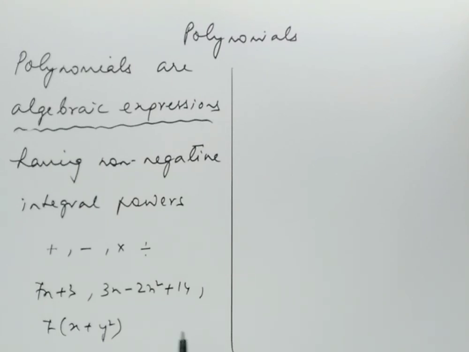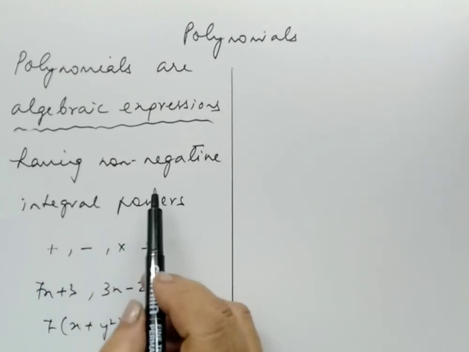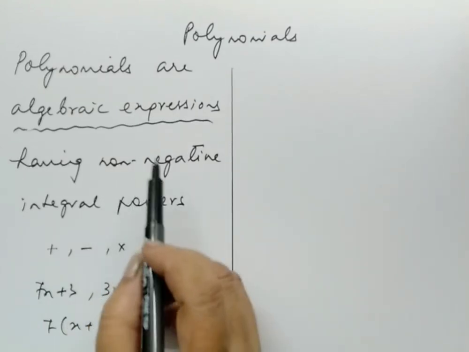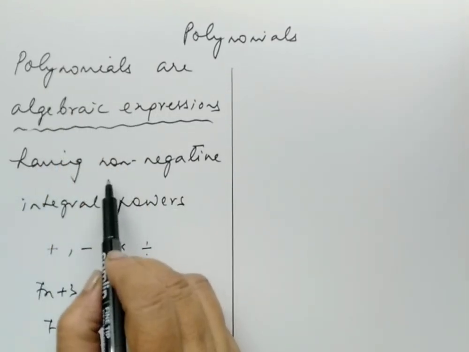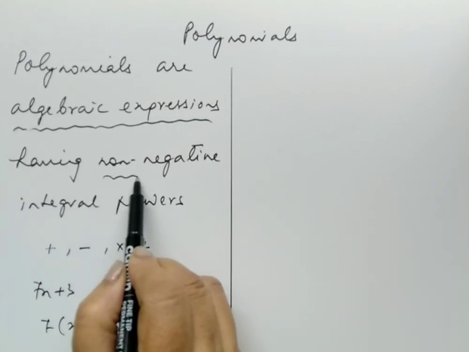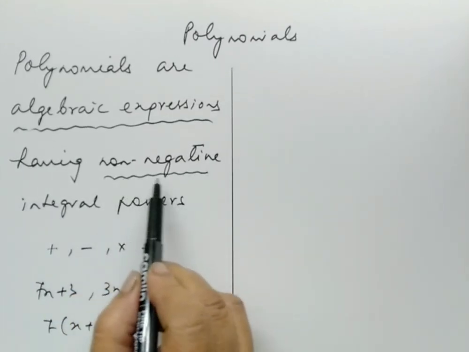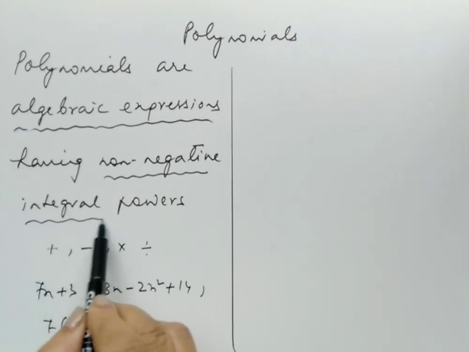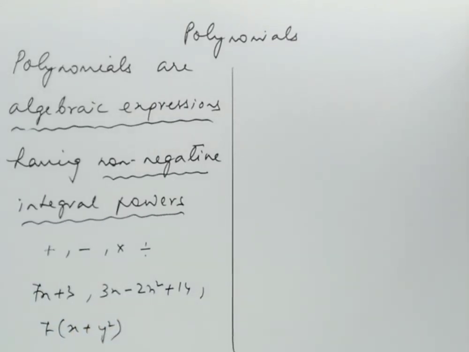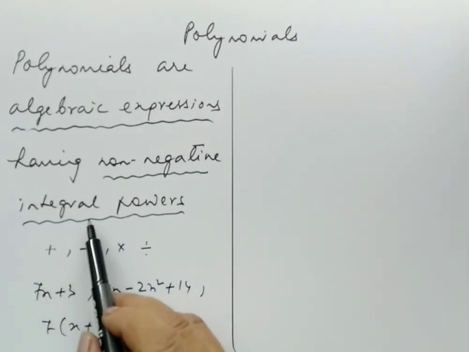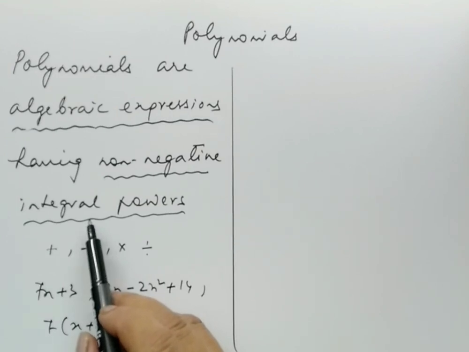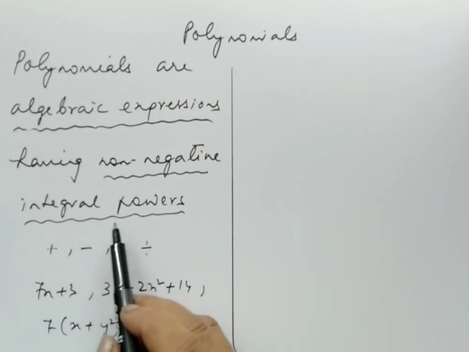Now what about the next feature of a polynomial? It always has non-negative integral powers. Integral as in integers.